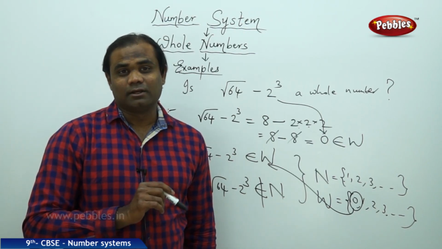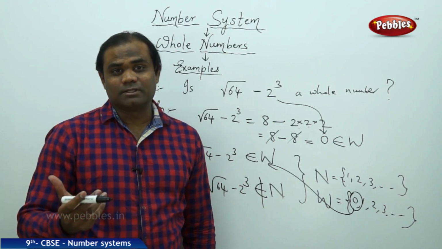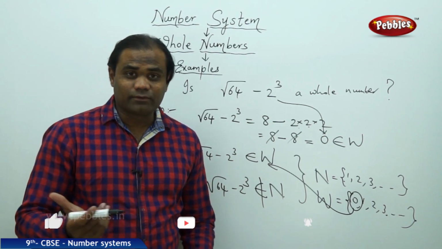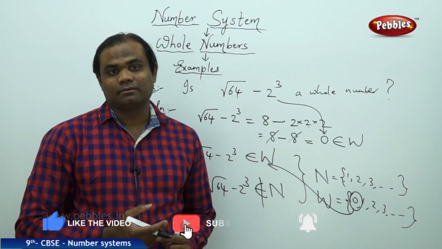This is how we understand the difference between the set of whole numbers, capital W, and the set of natural numbers, capital N.